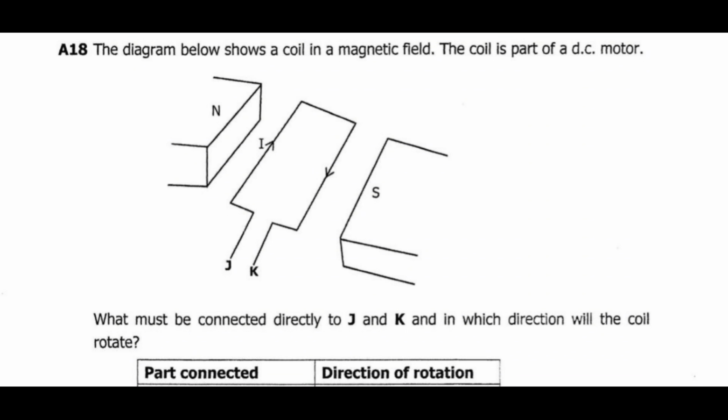Then 18, the diagram shows a coil in a magnetic field. The coil is part of a DC motor. What must be connected directly to J and K? In which direction will the coil rotate? A DC motor is connected to what we call a split ring commutator.